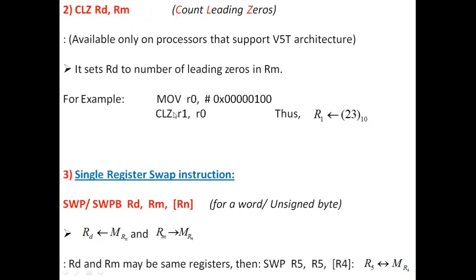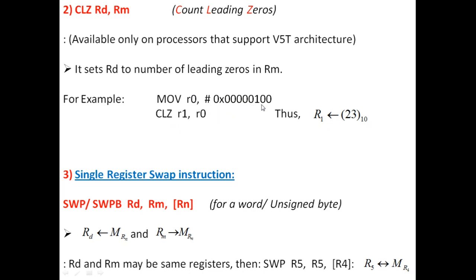See, for example, if you give this instruction, suppose you are loading R0 by this 32-bit number, and then if you give this instruction, then it will count leading zeros in R0, and that number will be loaded in R1.